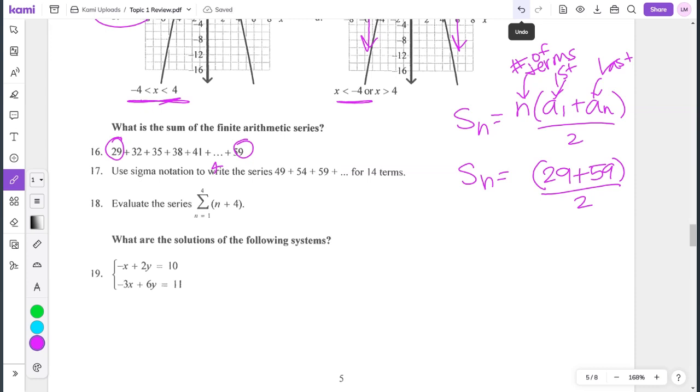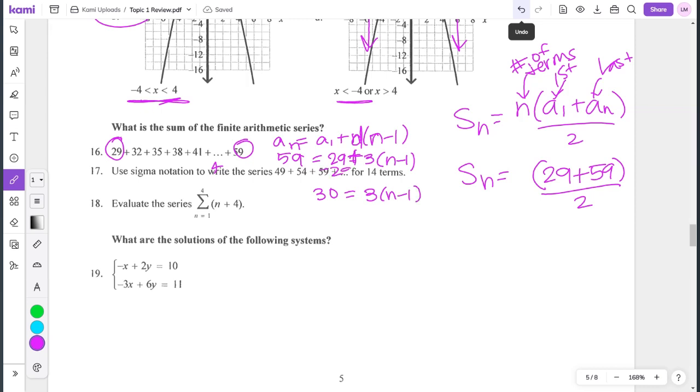Okay, so I'm going to use the arithmetic sequence formula, a sub n equals a sub 1 plus d times n minus 1. And I'm going to plug in everything I know and solve for n. So I know the last term, I know the first term, I know the common difference is 3, and then n minus 1, right? So, man, that's a plus, sorry. All right, so I'm going to solve for n. So I'm going to subtract 29, so that's 30 equals 3 times n minus 1.